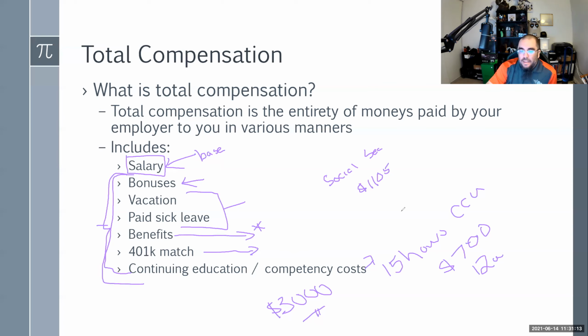So let me ask that. Could you guys live on $1,105 a month? No, right? To me, that's close to my rent. So, yay, my rent's paid, now I'm starving.